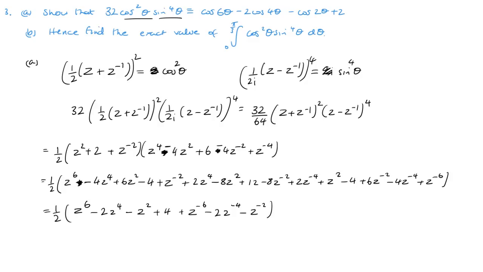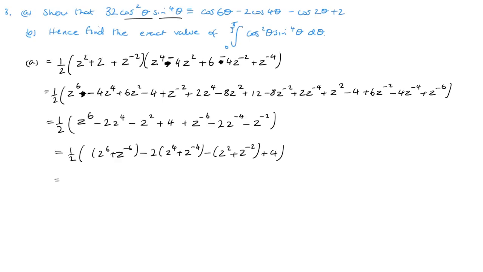Okay, now if I put these together, so z to the 6 plus z to the minus 6, minus 2 times z to the 4 plus z to the minus 4, minus z squared plus z to the minus 2, plus 4.